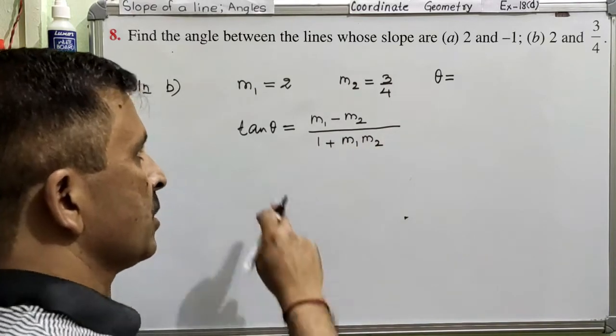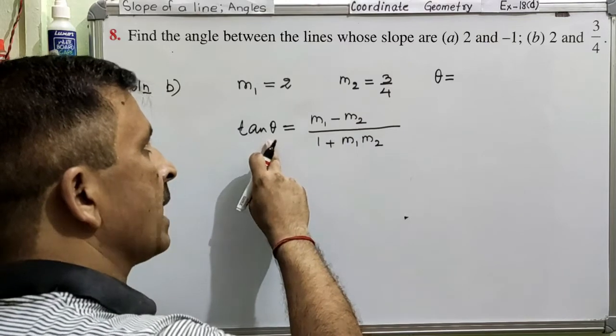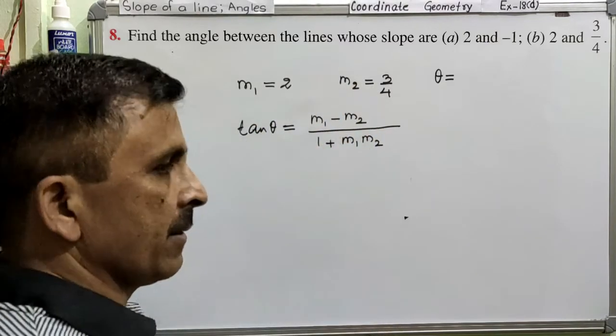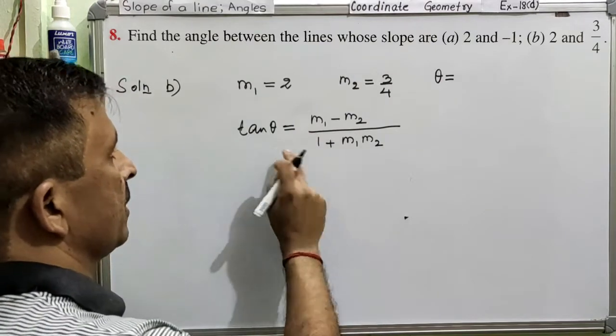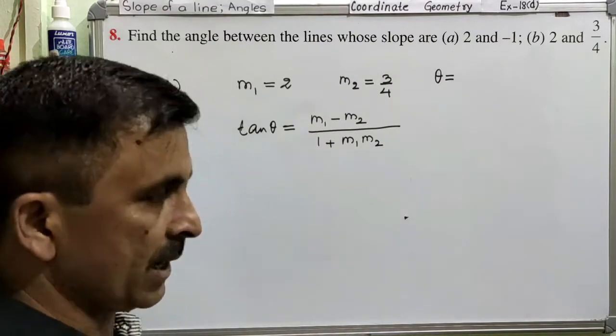This is the formula to be used to find the angle when the two slopes are given. So we are going to use this and then calculate the angle.